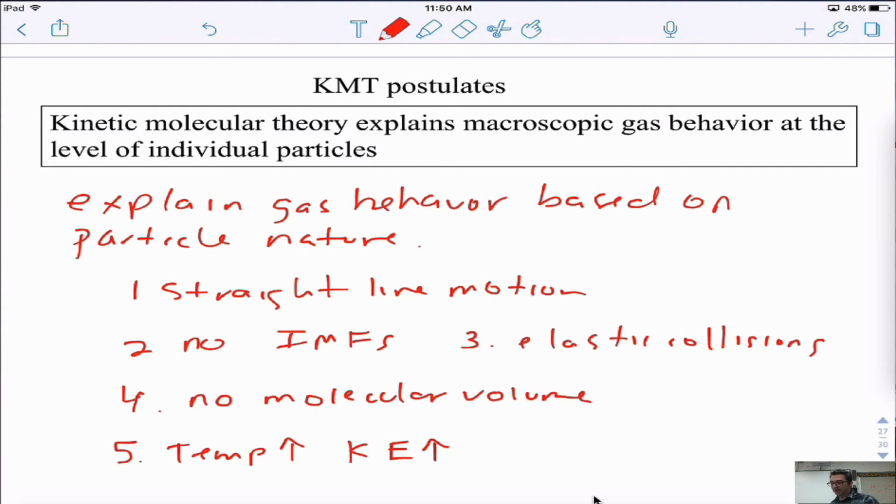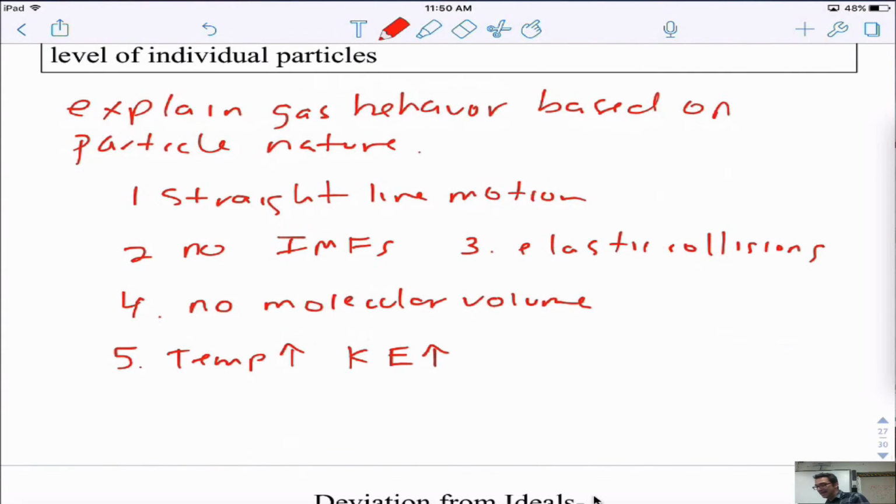When gases follow these KMT rules, they behave ideally. And they're called ideal gases. And you've seen this come up, like the ideal gas law. Well, we have gases behaving ideally.